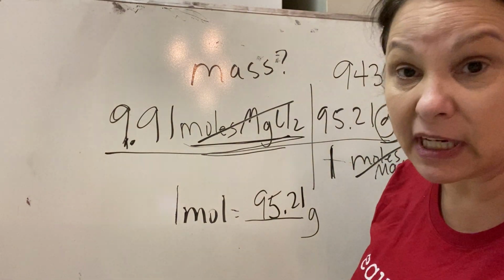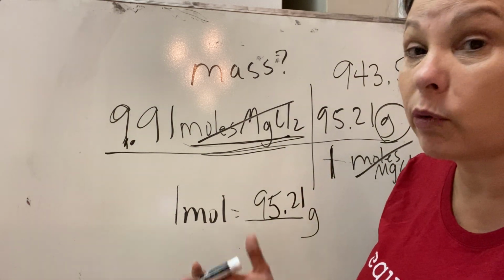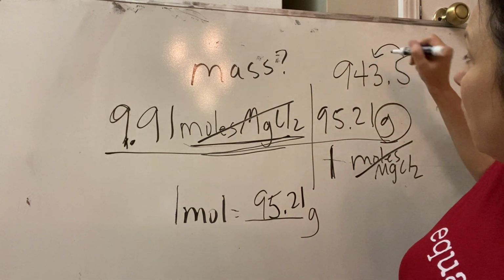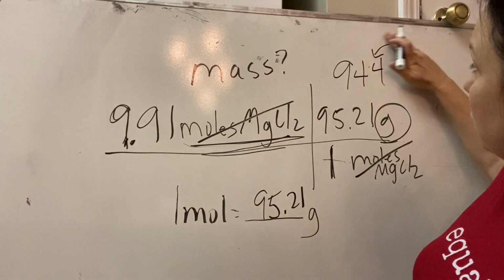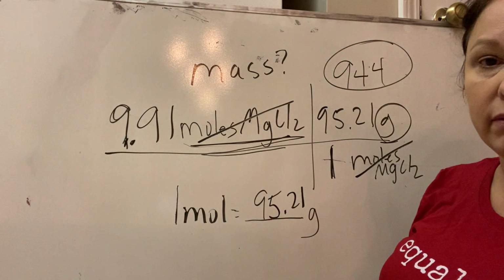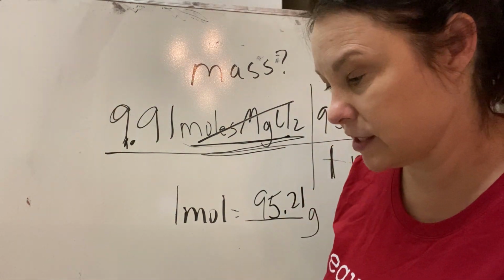So if I was being particular about your digits, then I wanted 3, then that 5 would cause that to round up to a 4, and then you would lose that. And it would be 944. Okay? All right. So that's the first one.